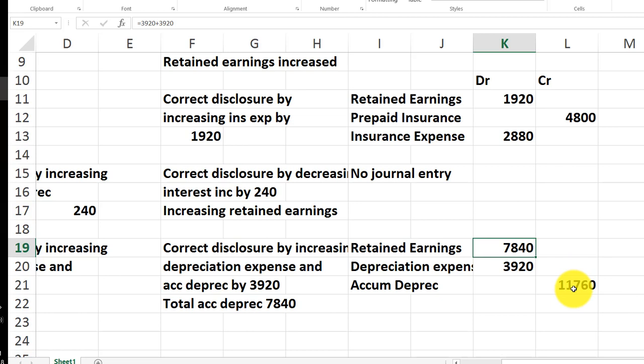So any asset that's already been sold or something, most of the time that has been self-correcting, and therefore making an adjusting entry or a correction entry would actually make things worse because it self-corrected. That's why it's important to understand which of our errors are self-correcting and which ones need to be taken care of in the current year.